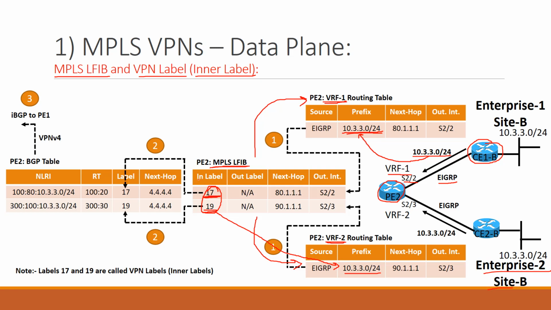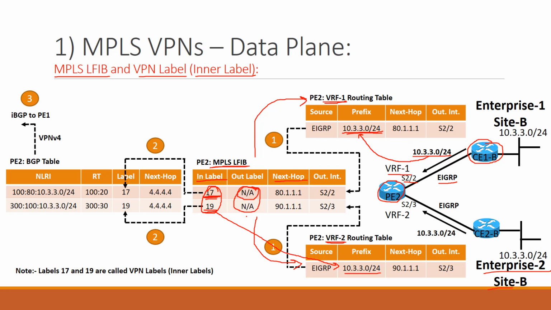And this is the content of the MPLS label forwarding information base, with no out label, and the next hop. It means that if PE2 receives a labeled packet and the inner label is 17, the action will be to remove the label.